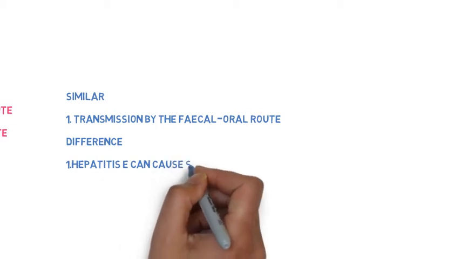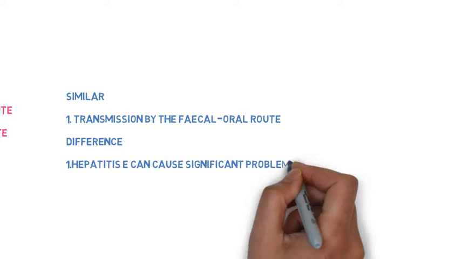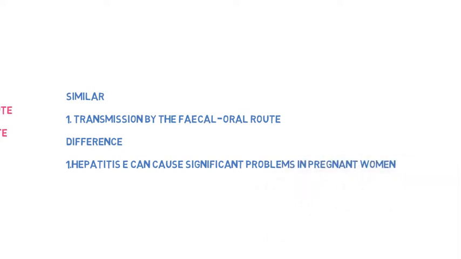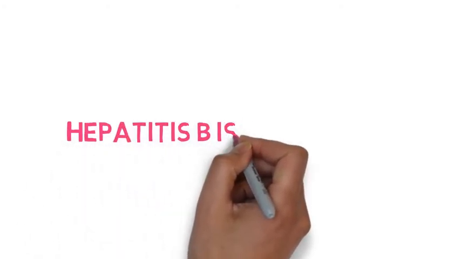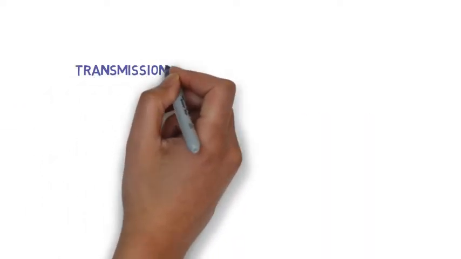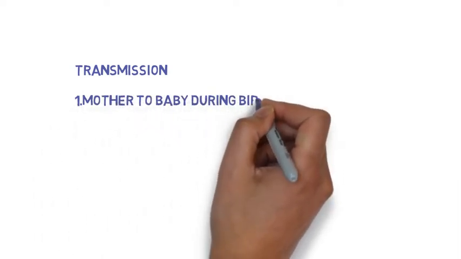Of particular significance, and often mentioned in exam questions, is hepatitis B. Hepatitis B is a DNA virus, and it can be transmitted in a variety of different ways. For example, from mother to baby during birth.